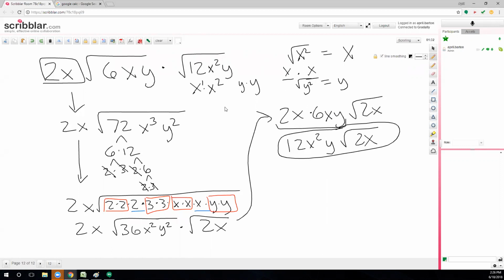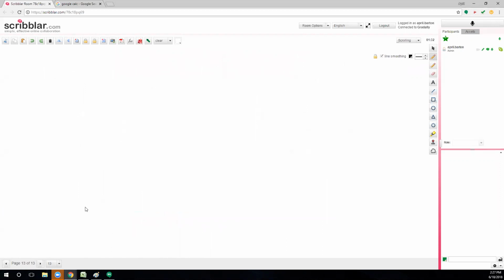You also requested what happens when we divide. So when we're dividing, we don't like radicals in the denominators of fractions.